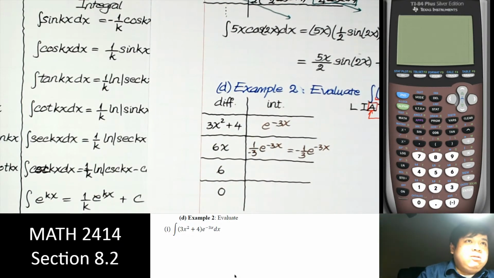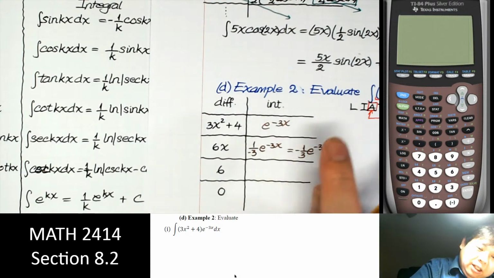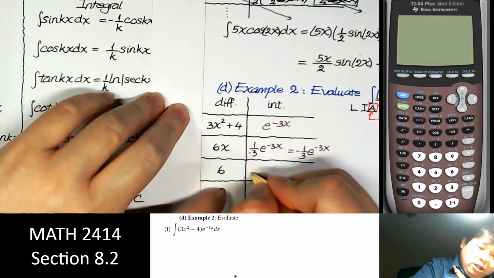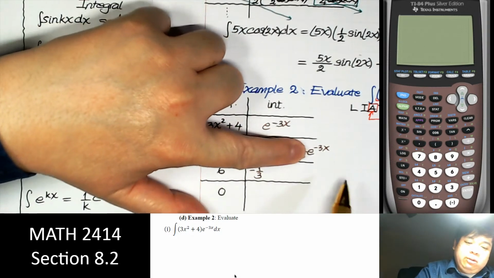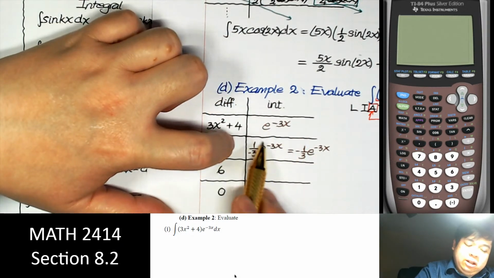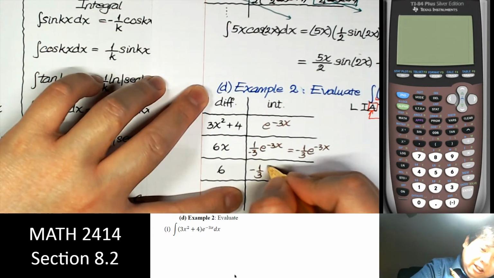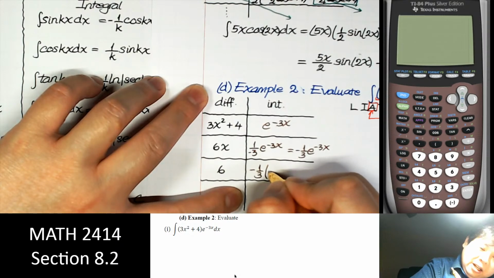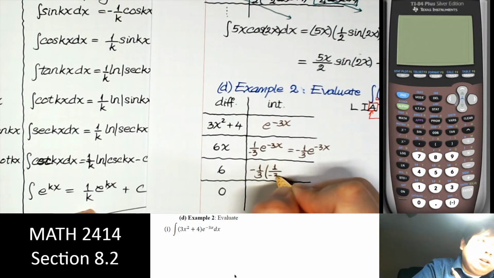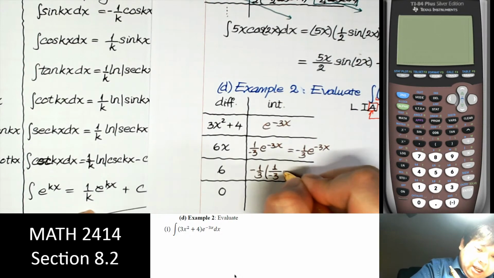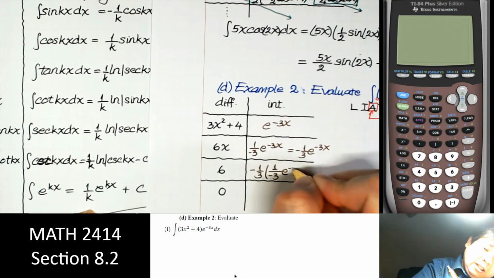Right. And then integrate one more time. That constant will stay there. Integral of e to the negative 3x is going to be the same thing. 1 over k, and then e to the kx.